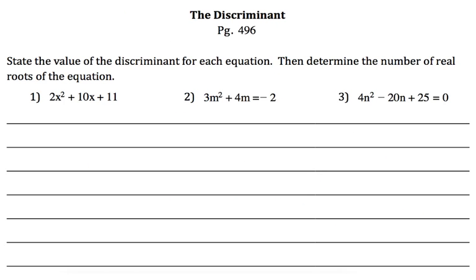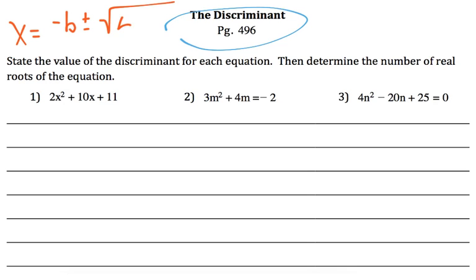The discriminant. Now go ahead and grab your textbook, turn to page 496. Here's where the discriminant plays an important role. You have all this stuff with the quadratic formula, but let's look at where this plus or minus area comes in.